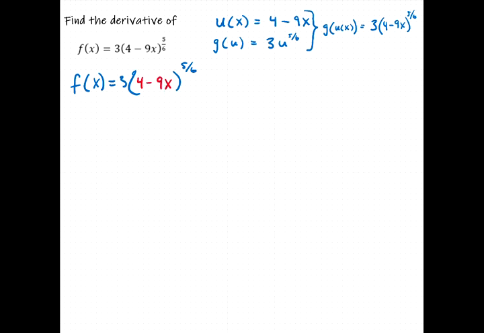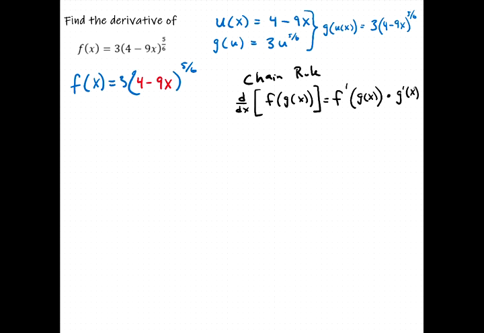And so what the chain rule says, the chain rule says the derivative of a function that could be written as the composition of two functions, f of g of x, is equal to the derivative of the outer function evaluated at the inner function. And then this is multiplied by the derivative of the inner function.